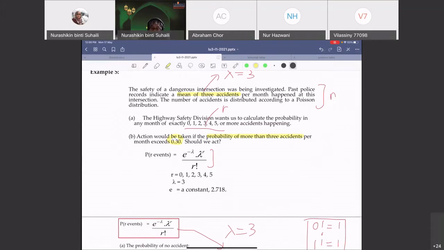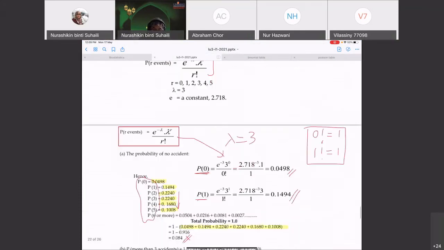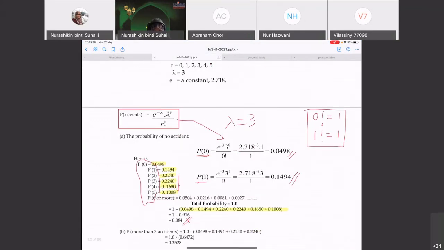Let's have a look at the probability of more than 3 accidents. In question A, we have calculated the probability of r equal to 0, r equal to 1, r equal to 2, and so on until 5.